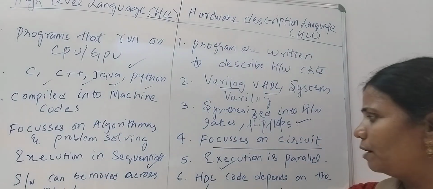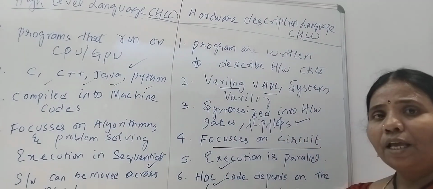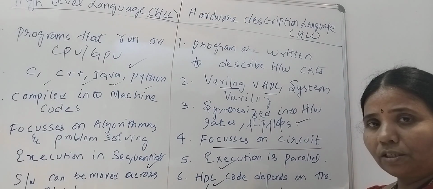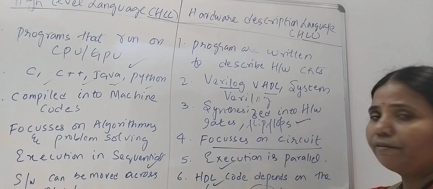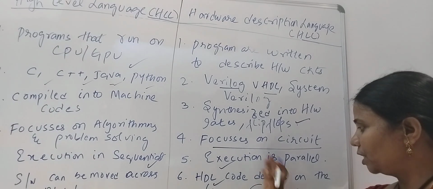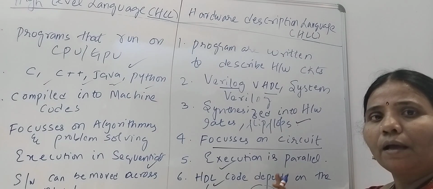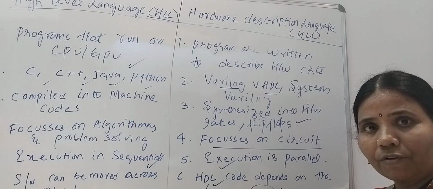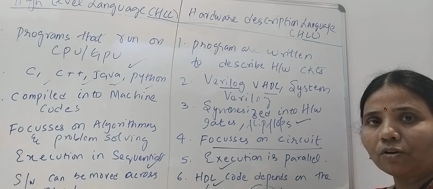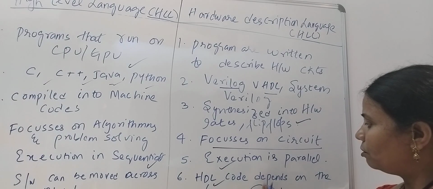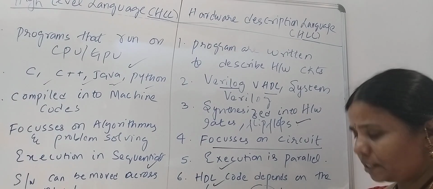So by using these HDLs, you can check the functionality of the circuit only by changing the code on the FPGA. You can check the logic of your AND gate, the logic of a multiplexer, a demultiplexer, your memory, your sequential circuit. Every logic can be checked using this FPGA.